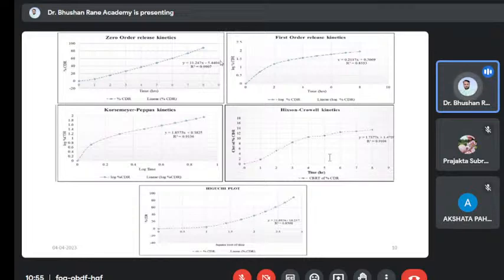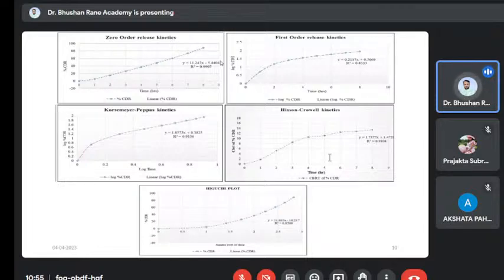Once you determine the drug concentration at particular time intervals, meaning how much drug is released or diffused from the formulation, you can plot different graphs and find out which type of kinetics our formulation follows.